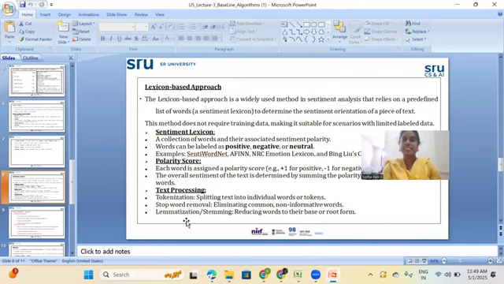Next, lemmatization and stemming. Both lemmatization and stemming are used to reduce words to their base or root form. For example, coming. The actual word is coming, but the root or base word is come.